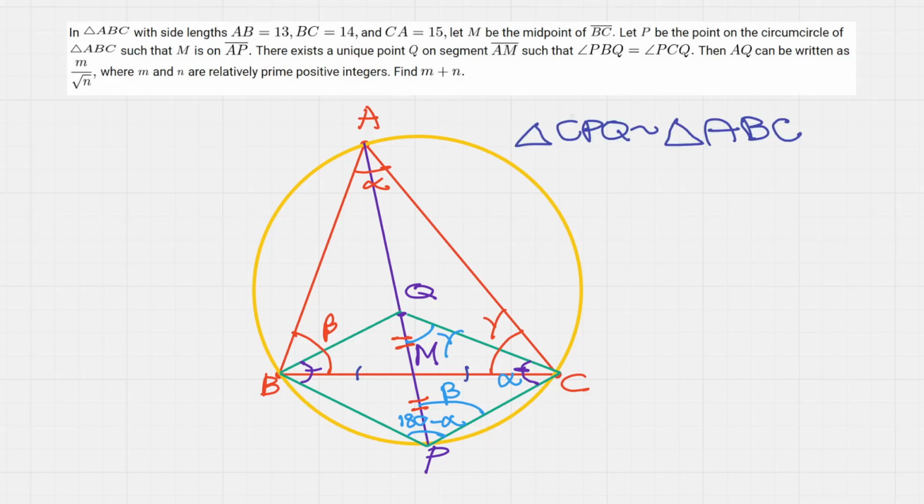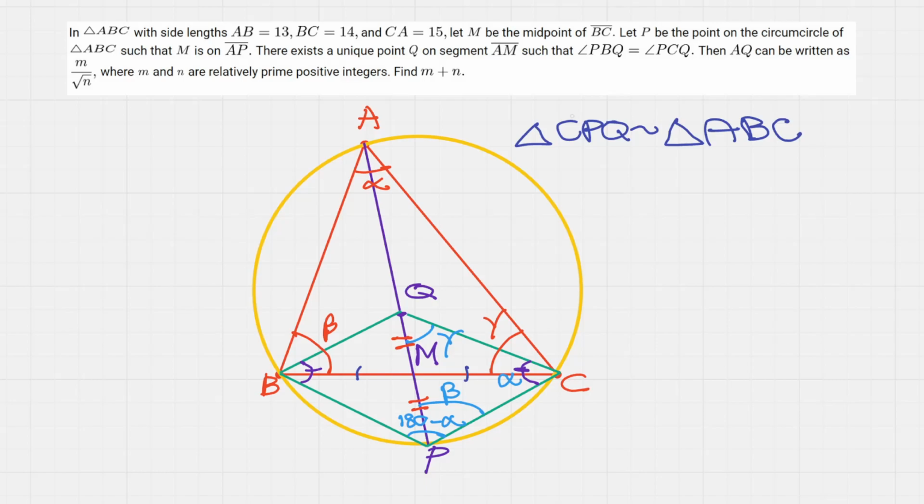Okay, now we've got similarity, but that doesn't really help us unless we know the ratio of similarity. So we might start by thinking we want to compare some pairs of sides in these two similar triangles, but notice that all of the sides in triangle CPQ are kind of hard to find. But we can quickly notice that the length CM is in fact the median of triangle CPQ because the lengths QM and MP are equal.